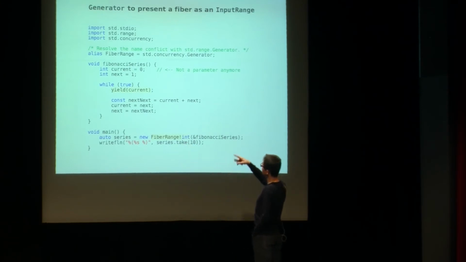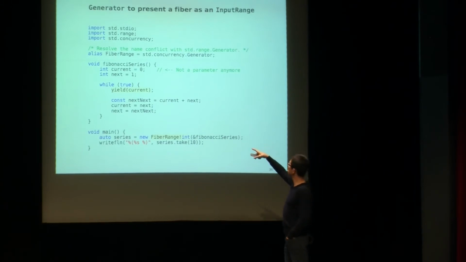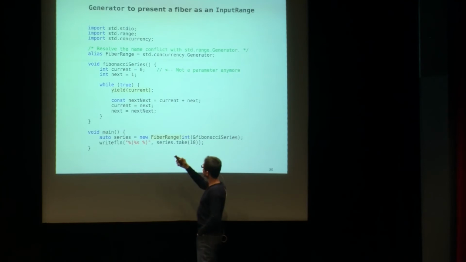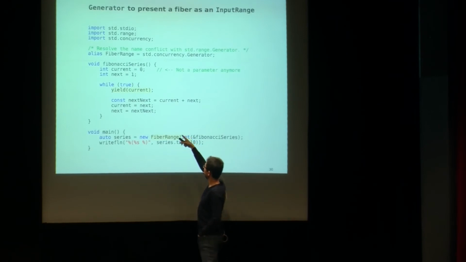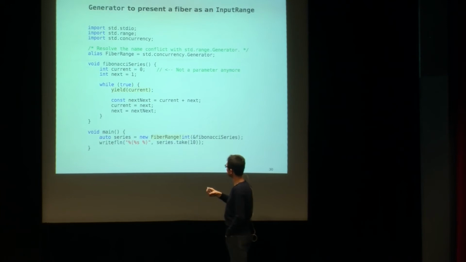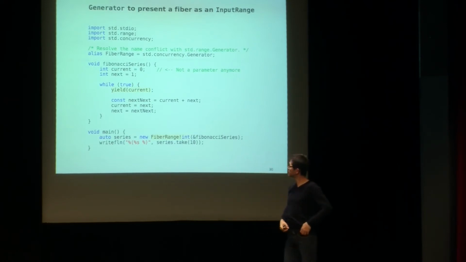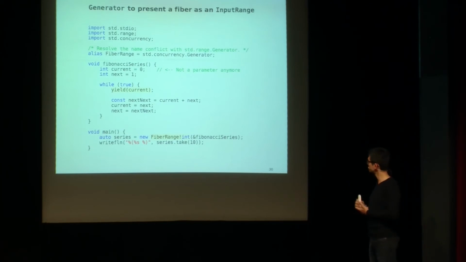The great thing about this one is it's just written as a simple function. And instead of saying fiber yield, it actually says yield this value, the current value, which is a local variable now. This is much better because there is no reference variable, there is no shared data to communicate.